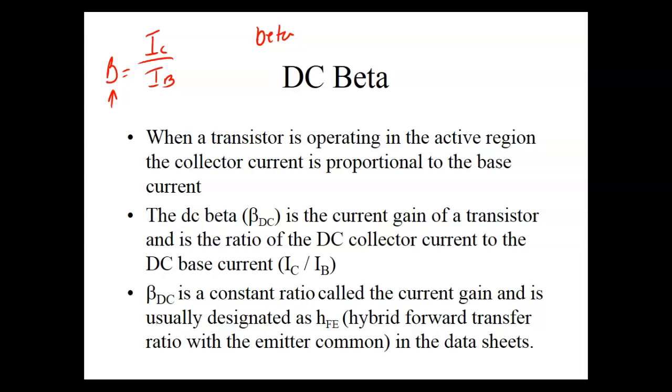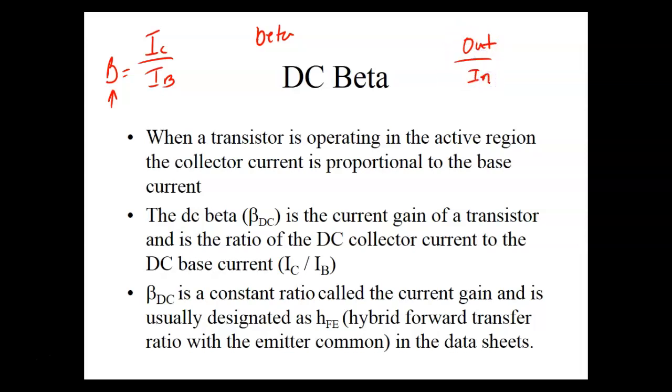Transistors operate in the active region. The collector current is proportional to the base current. The DC beta, called beta DC, is the current gain of the transistor and is the ratio of the DC collector current to the base current. Anytime we calculate gain, gain is always calculated as out divided by in.